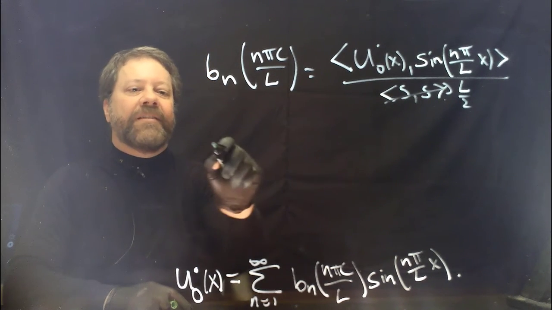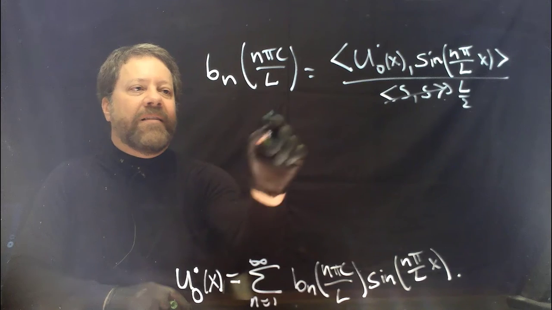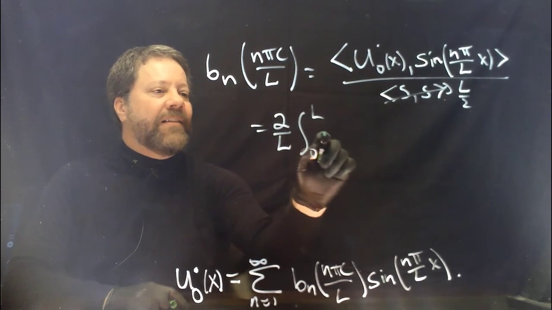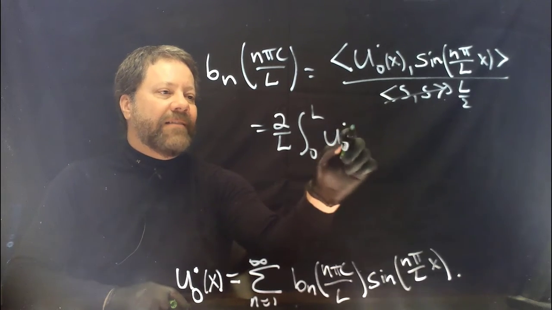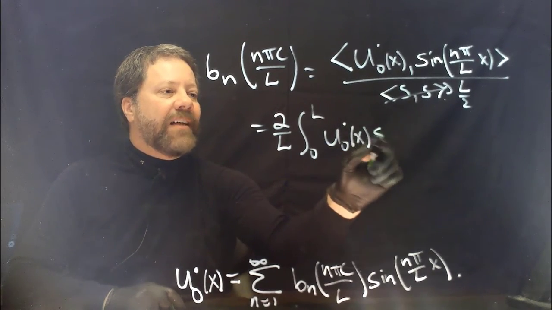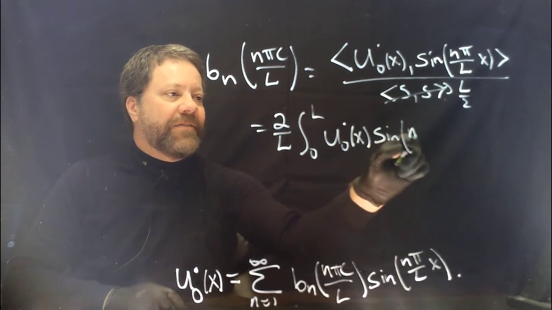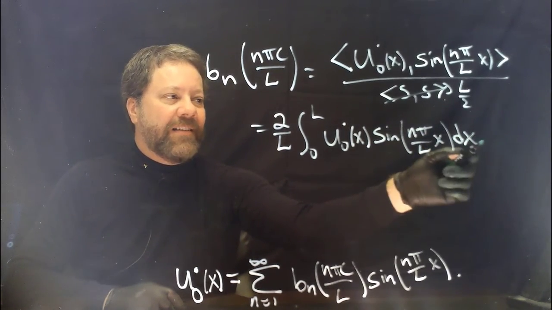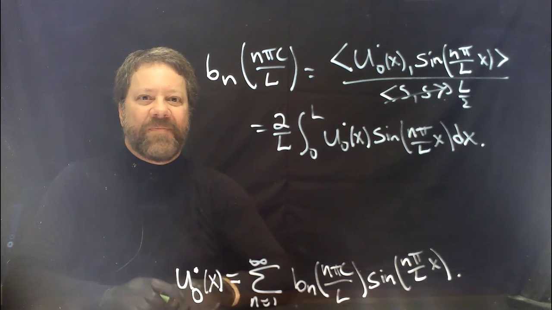So we'll have this equal to 2 divided by L, the integral from 0 to L of u naught dot of x times the sine of n pi over L x dx.